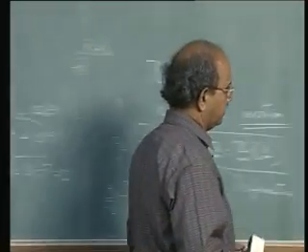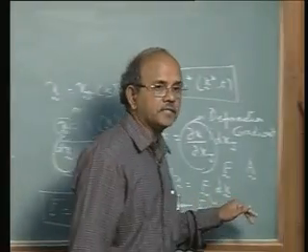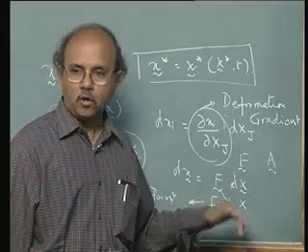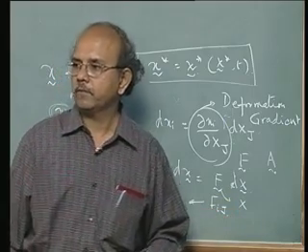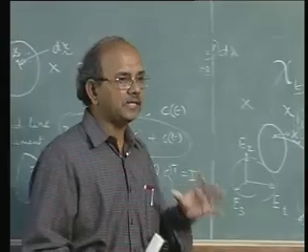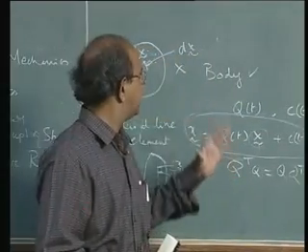Also, F has a very important property. F is one-to-one and onto, which means that every line element is taken to another line element, and that every other line element has a predecessor.